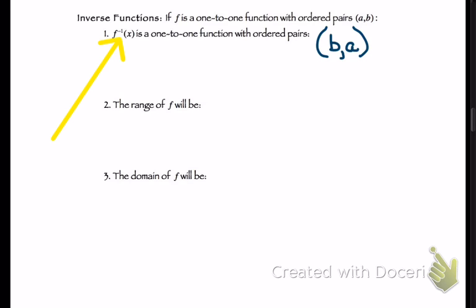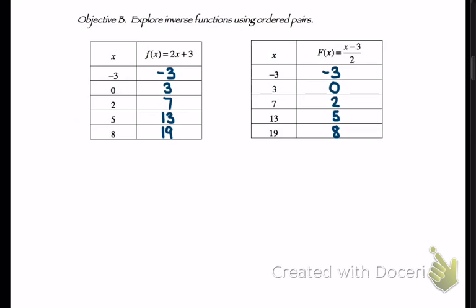So think, the range of the original function, range is the y value. The range of the original became the domain of the inverse. And vice versa, the domain of the original became the range of the inverse.